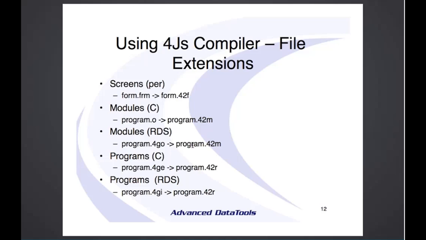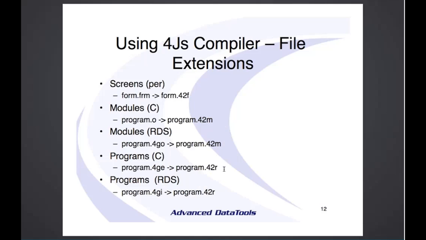If you're using the rapid development system, instead of .4go, it becomes .42m also. Your programs, instead of being .4ge, become .42r, and the same for rapid development system. Basically, 42m is a module, 42r is a runtime, an executable.